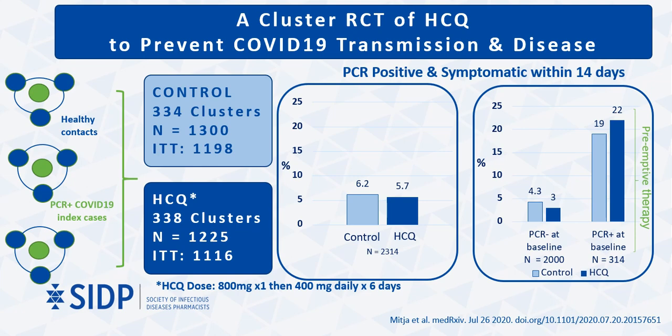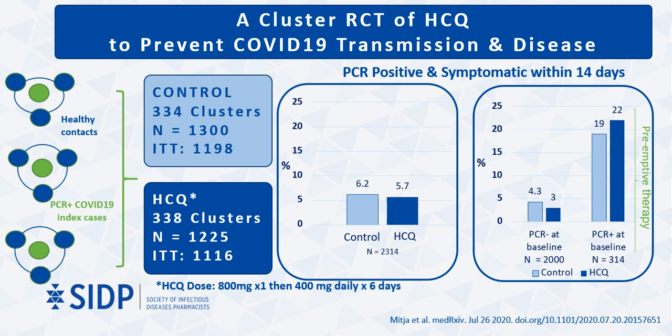The remainder, 28% and 27% in the control and hydroxychloroquine arms respectively, were household contacts and clusters, and then 11% and 12% were healthcare workers. So there were 334 control clusters and 338 hydroxychloroquine clusters.